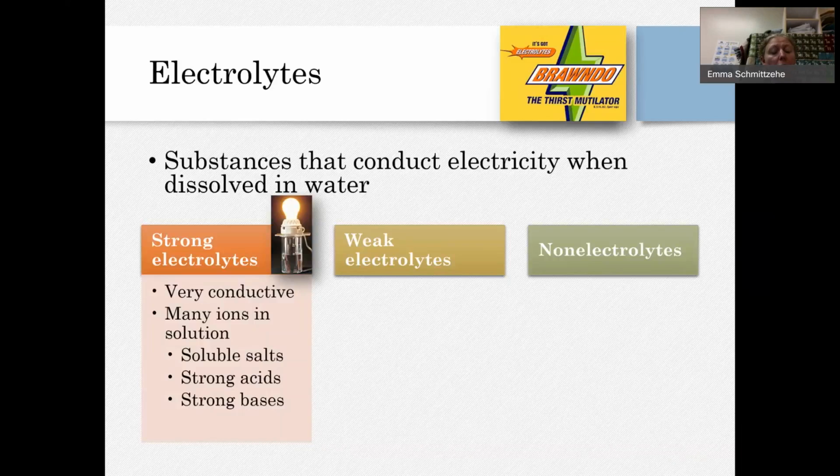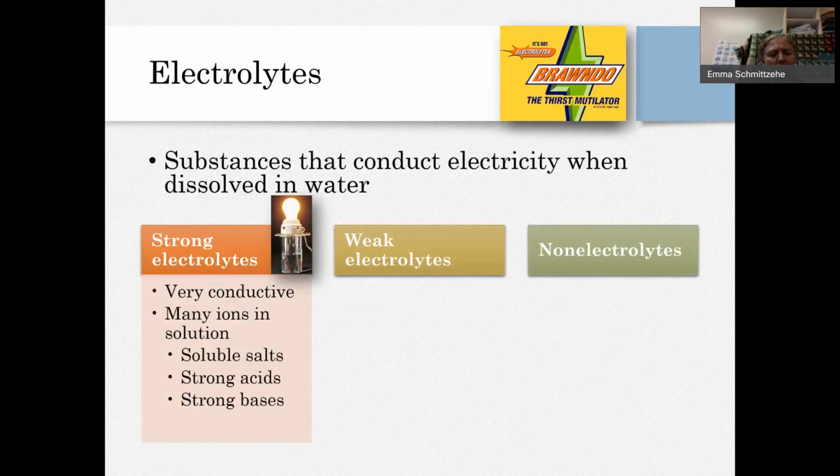Similarly, strong acids and strong bases will also produce a lot of ions in solution. Acids always start as a covalent compound, but when they're put in water, they ionize, and so they split into ions. And if it's a strong acid, it completely splits up into ions, or at least the ions it's capable of producing.